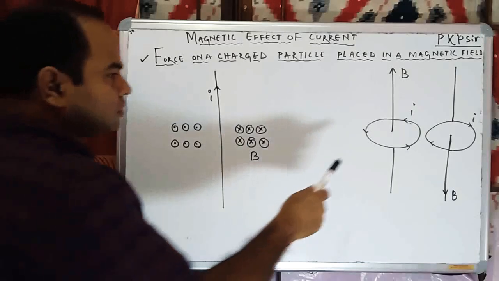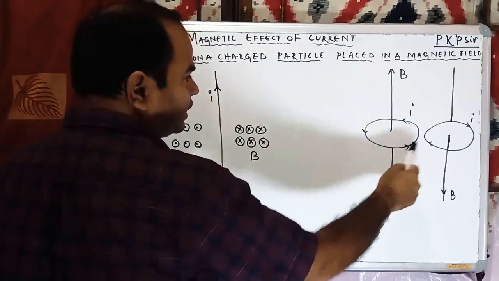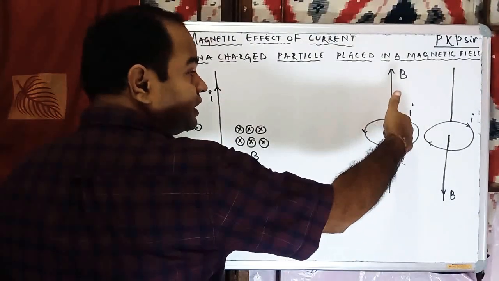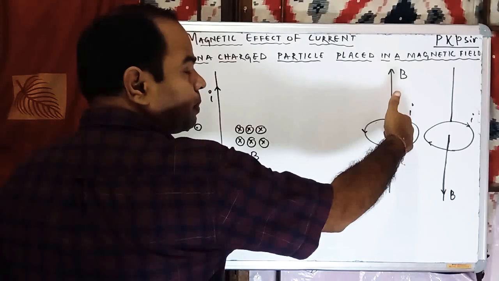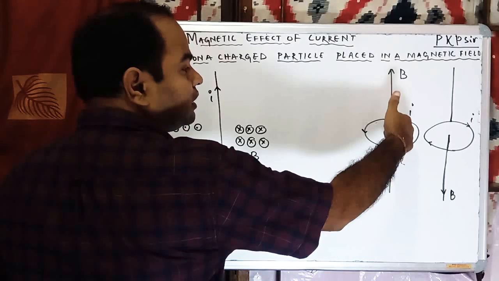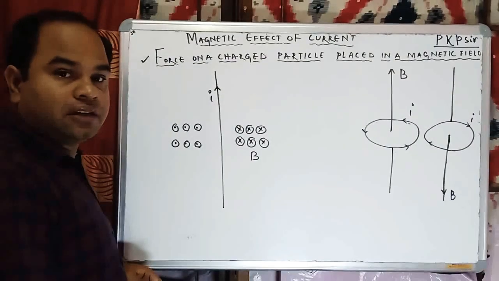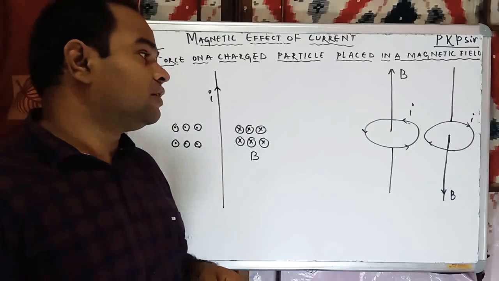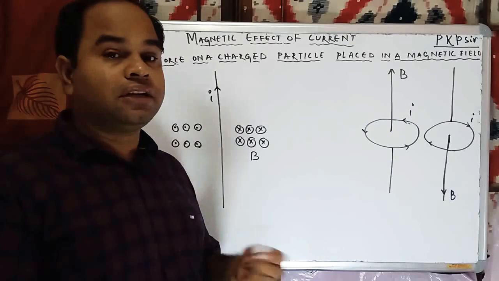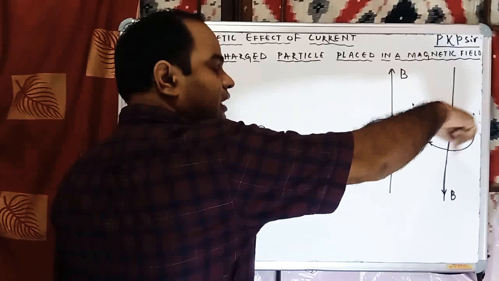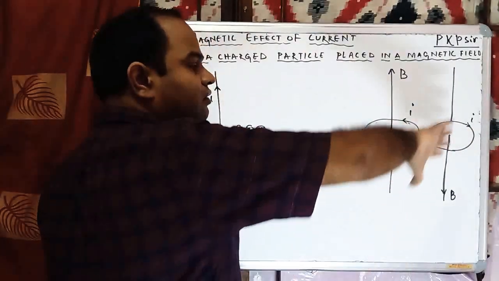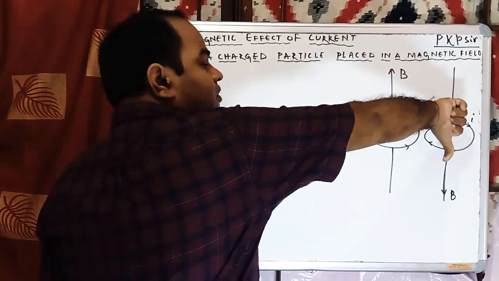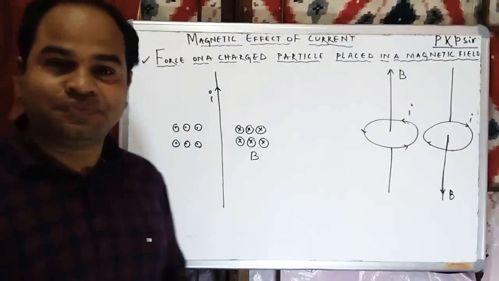Suppose if the current is moving in anti-clockwise direction, the direction of magnetic field is straight, that is up, along the axis of the circular current carrying conductor. Similarly, if the current is clockwise like this, the direction of magnetic field is downward along the axis of the circular current carrying conductor.